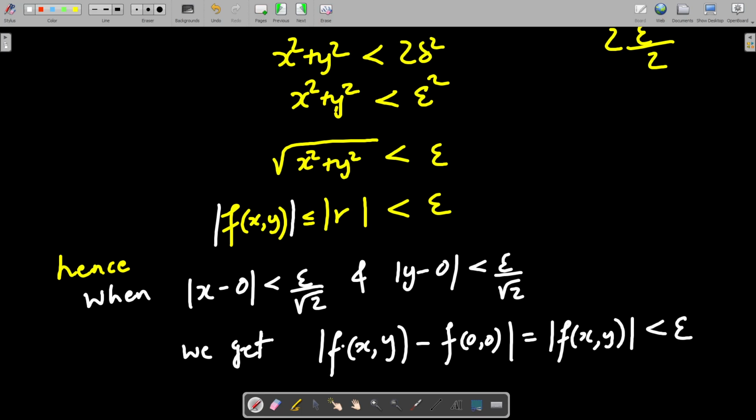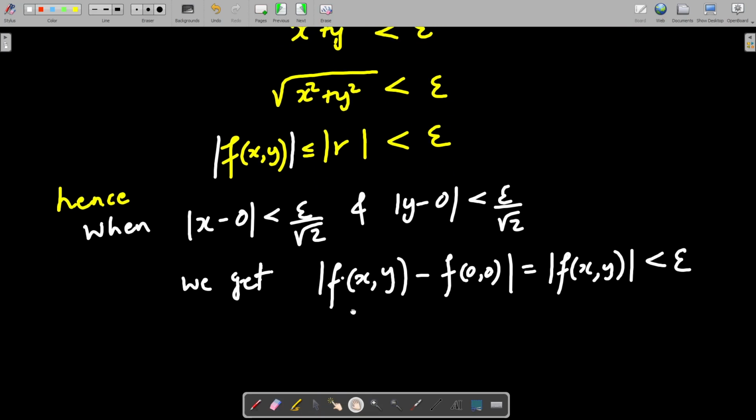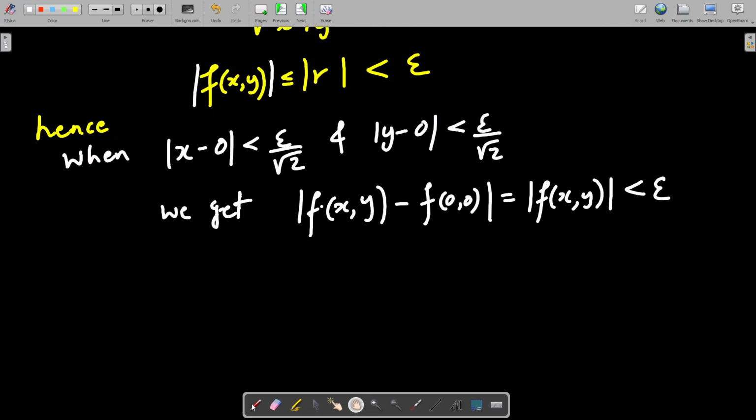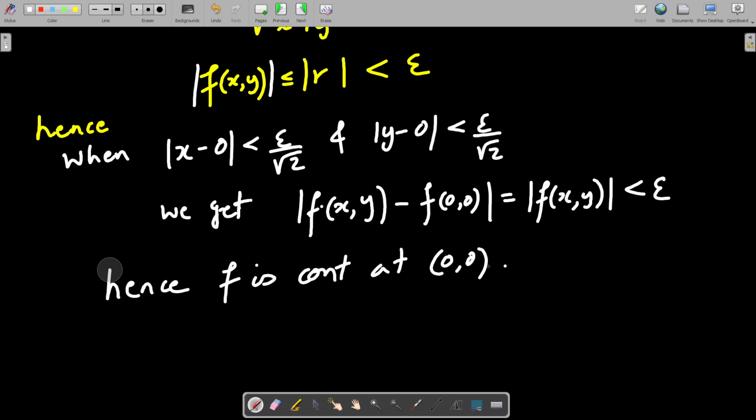This is less than epsilon. Hence f is continuous at 0 comma 0. So we have shown that f is continuous at 0 comma 0.